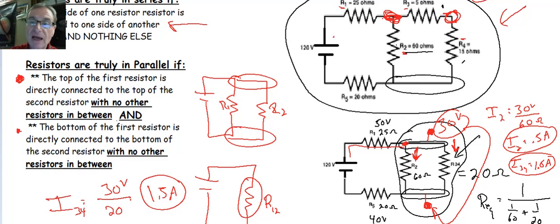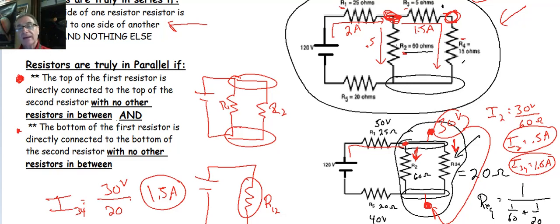Okay, so we still have 2 amps leaving the battery going through R1, right? We've already figured out the current going through R2. That's half an amp. Okay, notice how I'm just taking the information from the intermediate circuit and I'm bringing that information up to our primary or original circuit. How much current went through R34? 1.5 amps. So that current that's going to go through these two resistors is 1.5 amps.